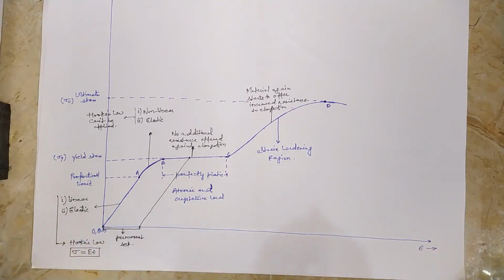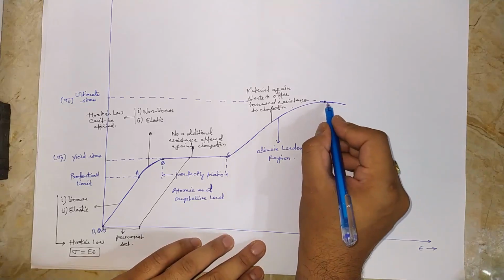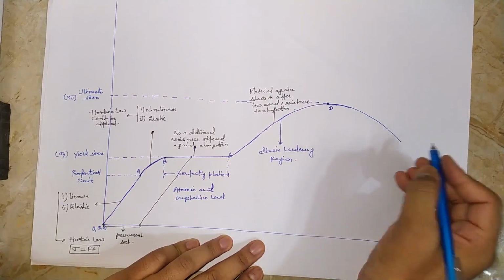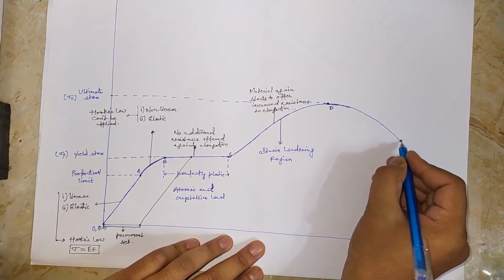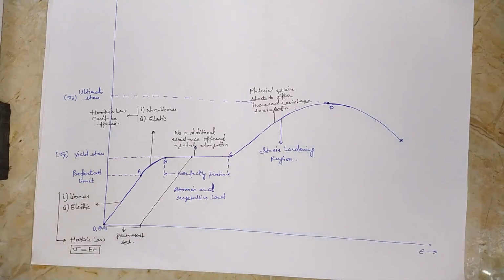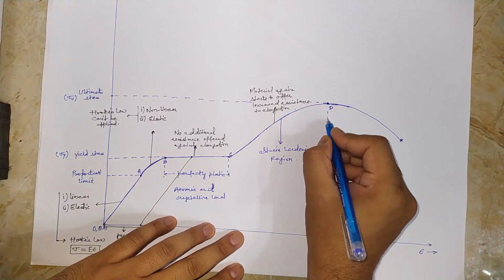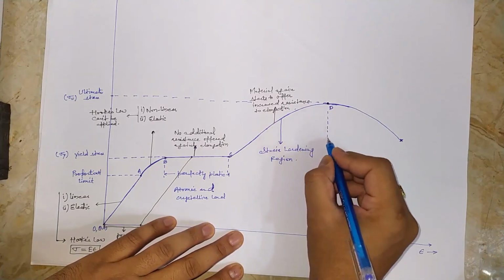Okay, now if we further elongate the material onwards from D, we see a trend in the graph that it goes on a negative slope. Here actually confusion arises. I'll just clarify that point.